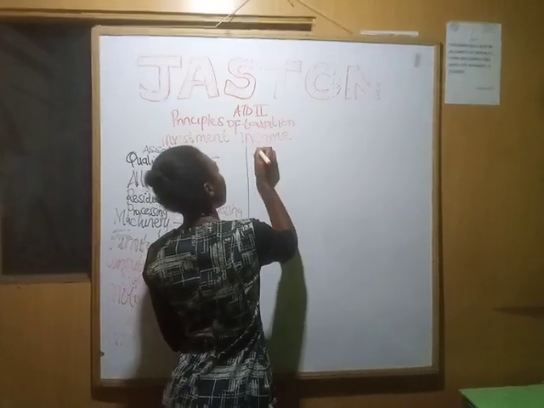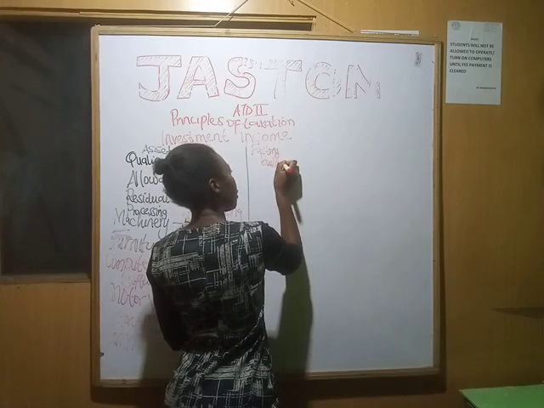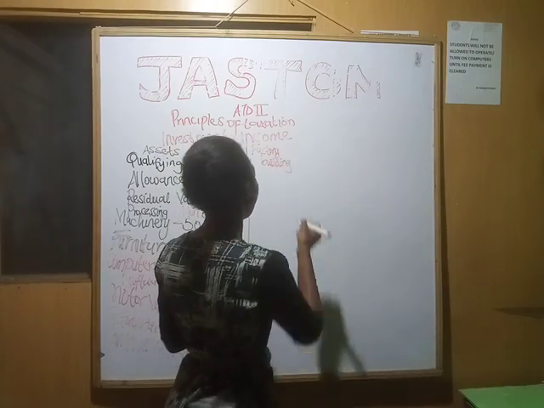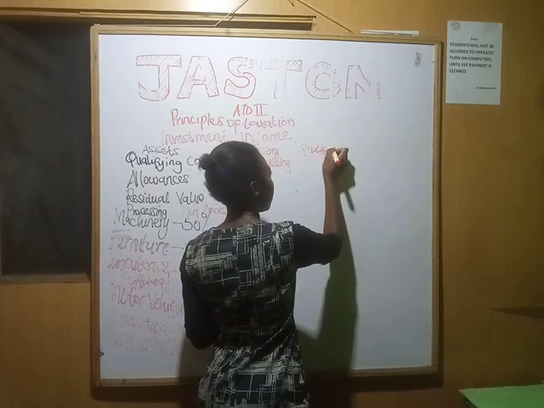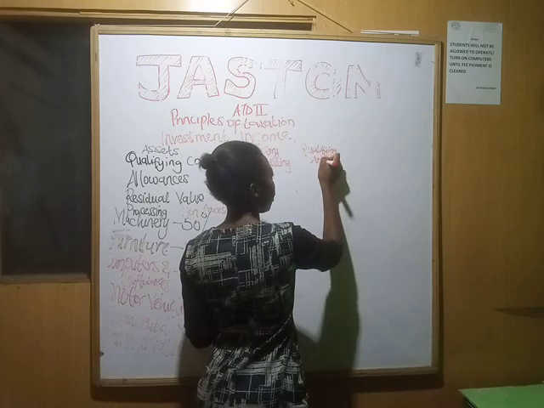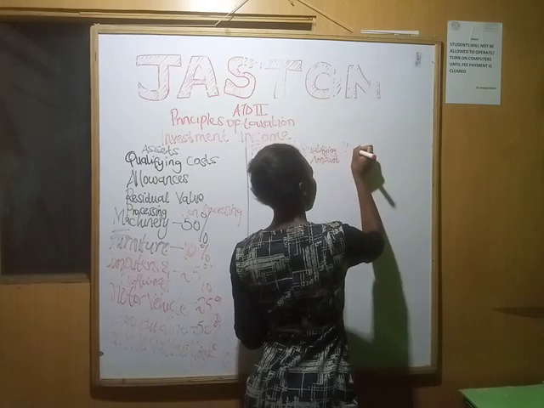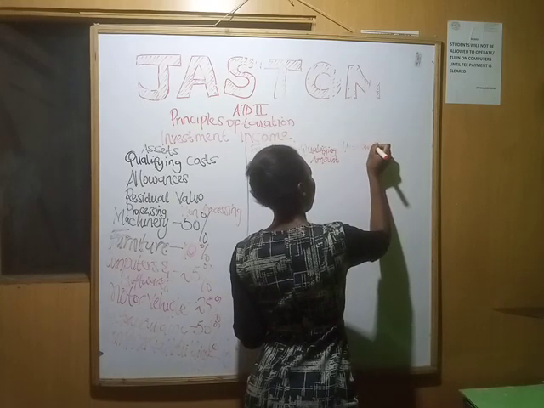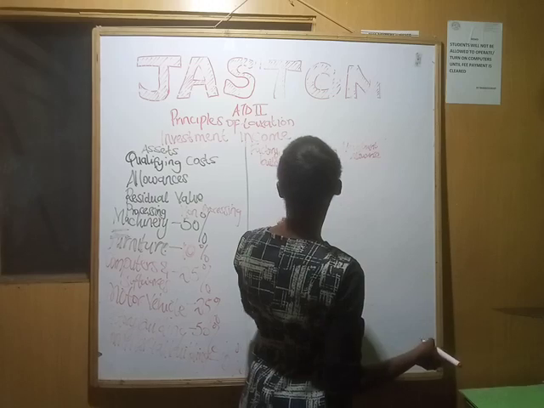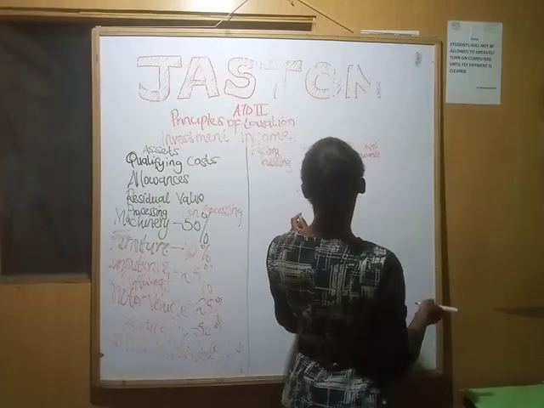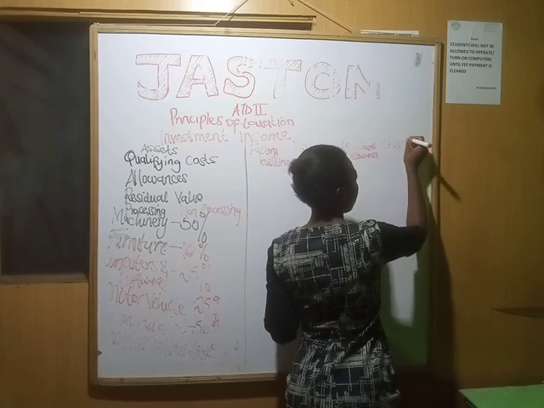We write our factory building, then the qualifying amount or qualifying cost, then the investment allowance, then the residual value.